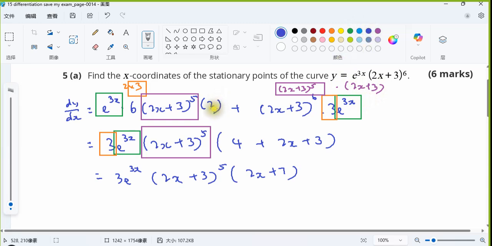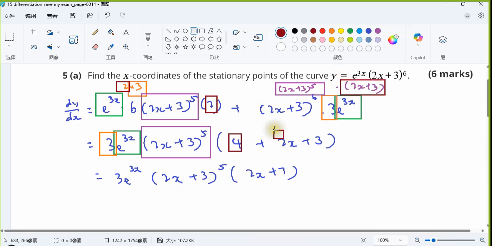So what is left here is 2 times 2, 4, and then the 2x plus 3.